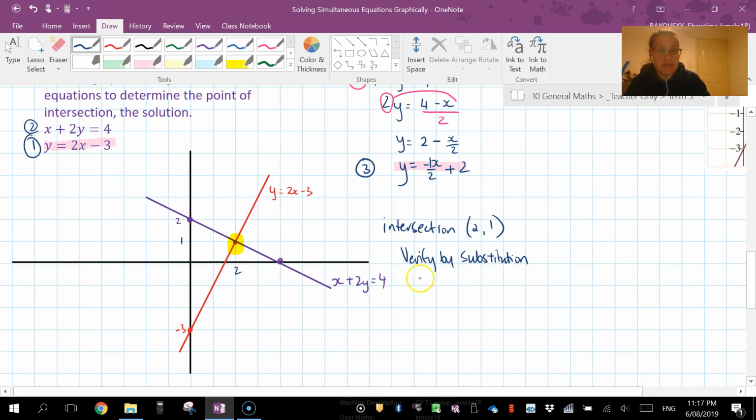So let's sub 2, 1 into equation 1, y equals 2x minus 3. Y in this case is 1 equals 2 bracket 2, because that's the x, minus 3. 4 minus 3 is 1. Left hand side equals right hand side. Happy days.